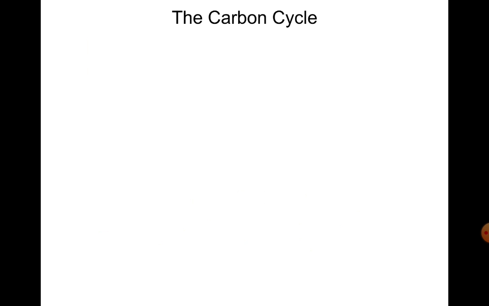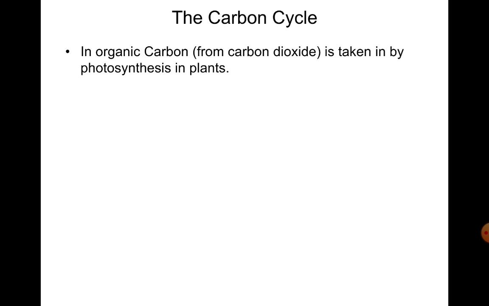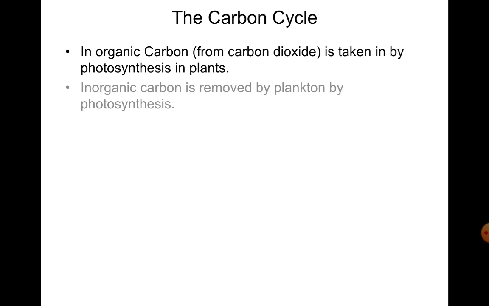Okay. What do we mean by the carbon cycle? Because the carbon cycle is very important when we're talking about the energy cycle in food webs. What do we know? We know that inorganic carbon dioxide is taken in by photosynthesis in plants. We also know that inorganic carbon is removed by plankton in the sea by photosynthesis.